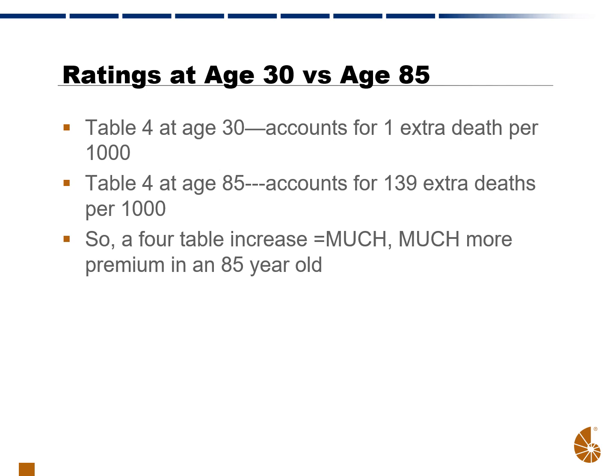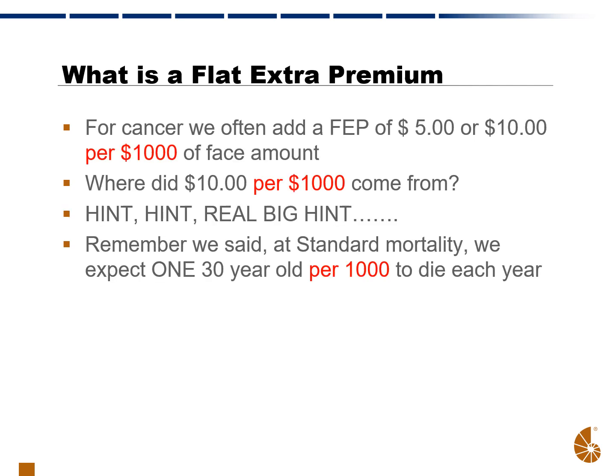So a table 4 increase is much, much more premium for an 85-year-old, and it's kind of small at age 30. You can well imagine that in a juvenile, a table 4 rating is peanuts, because we don't really charge much extra for a table 4 rating in a juvenile.